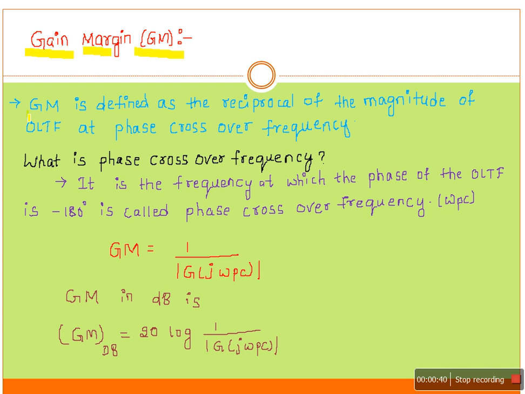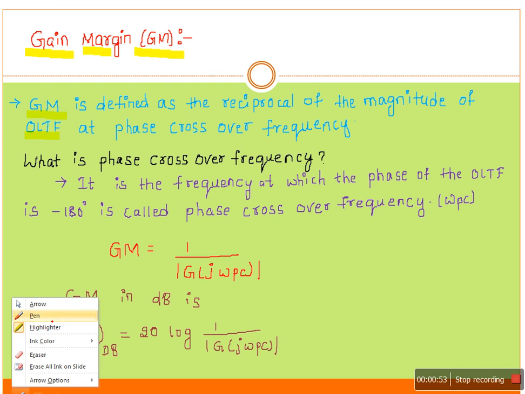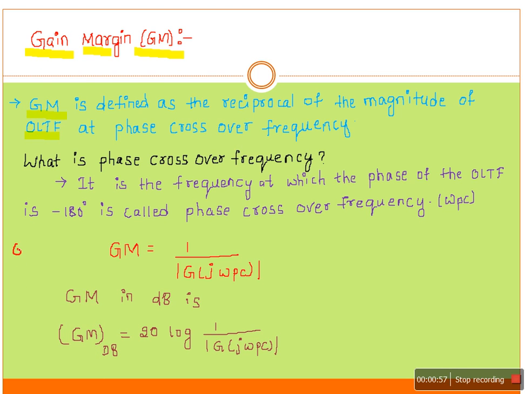The gain margin is defined as the reciprocal of the magnitude of the open loop transfer function at the phase crossover frequency. So if you take the magnitude of the open loop transfer function, for example, if the open loop transfer function G(s) equals 1 by s plus 2, how do we take the magnitude?